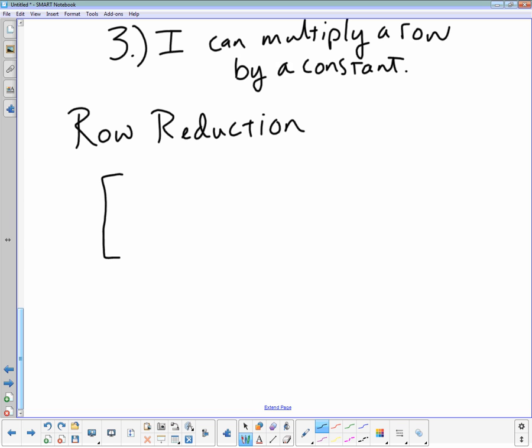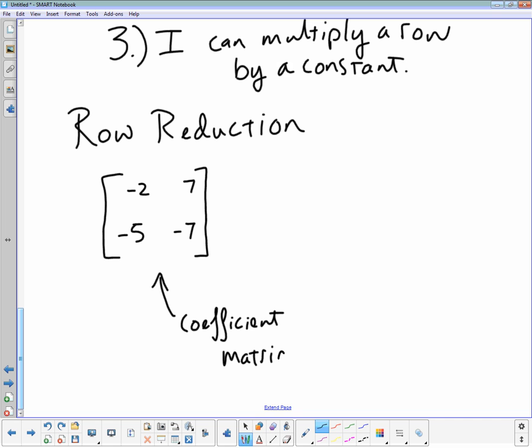So I'm going to take something that looks like -2, 7. So I have a matrix of just the coefficients from the system that you guys already wrote down a minute ago, right?